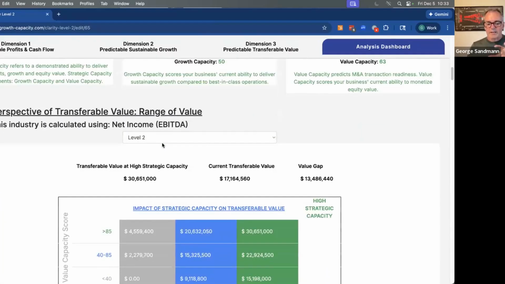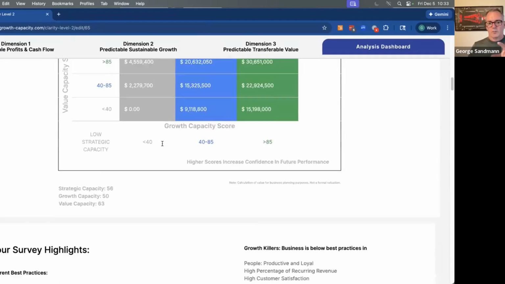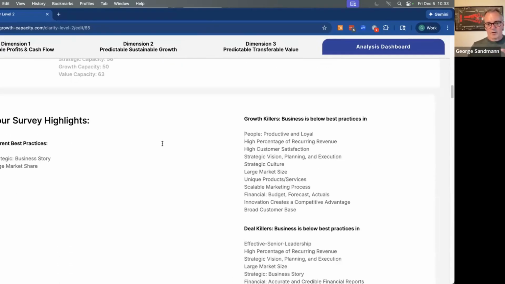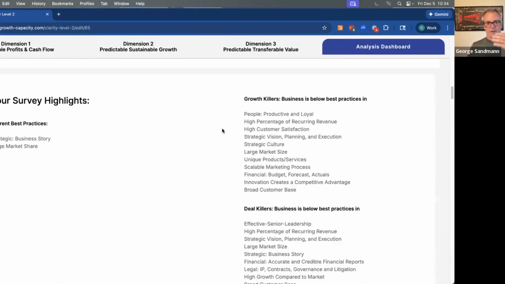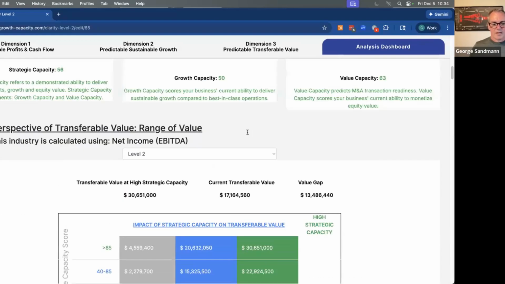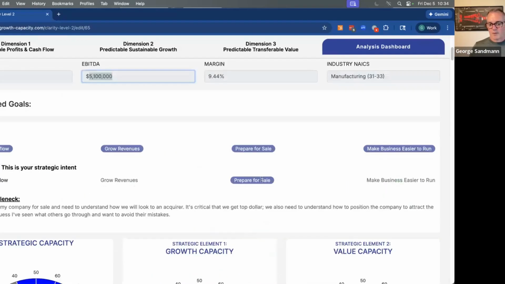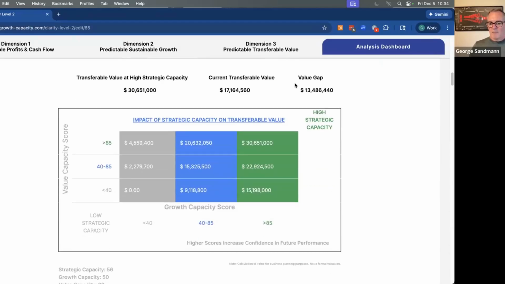When you're focusing in on the changes that you're going to be making, I'm scrolling down here on purpose. I'd be happy to come back and talk about how to explain this. But the bottom line is you want to grow. They've said that they are preparing to sell the business. We have a value gap of $13.5 million.